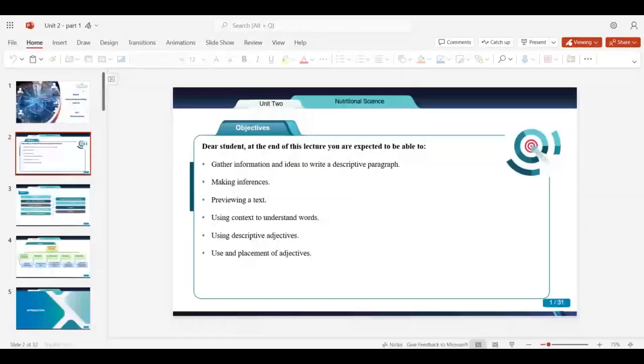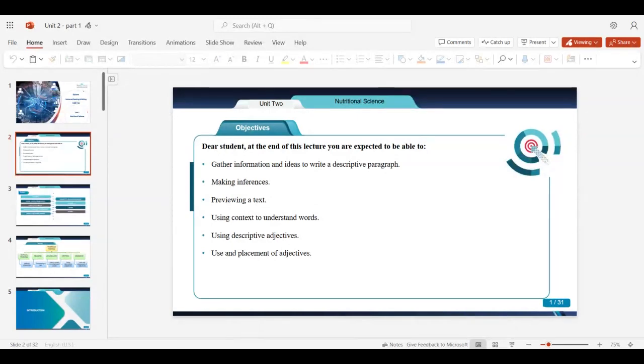Okay, now I will share with you unit 2. Related to unit 2, here we have some information, important tasks or objectives we are going to do in this unit.